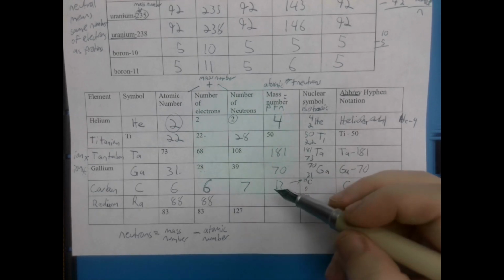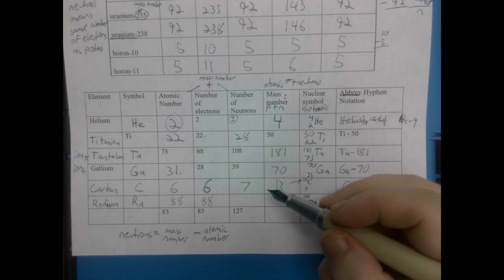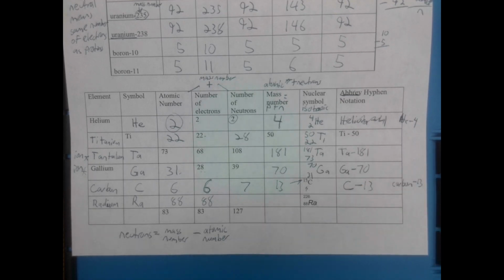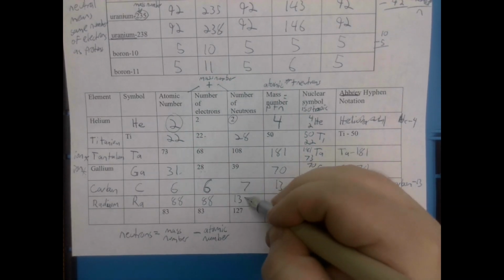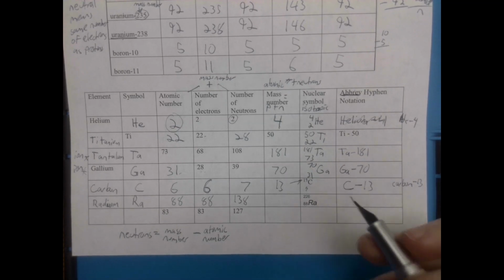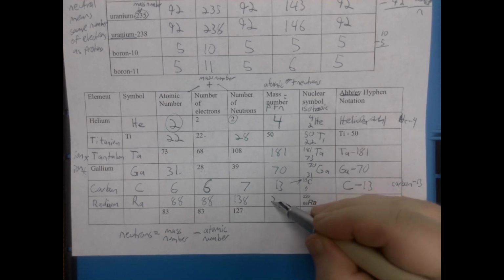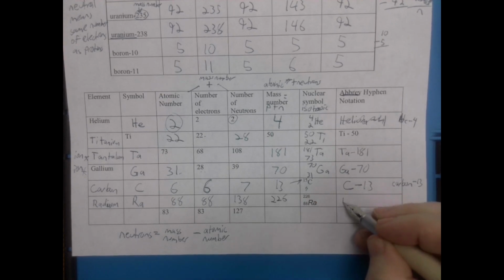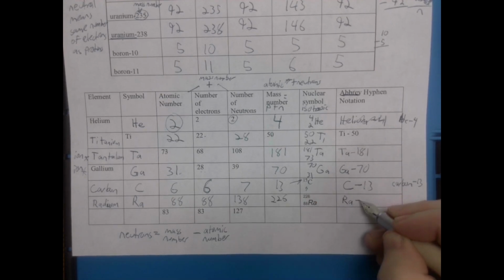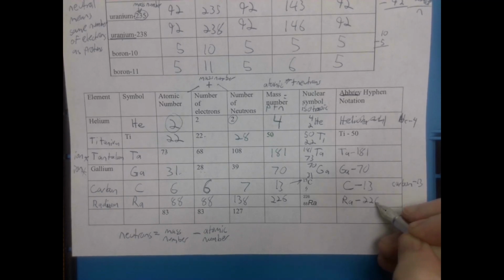What is the number of neutrons? 226 minus 88 is 138. And what's the mass number? 226. And so in abbreviated form, it'd be Ra-226.